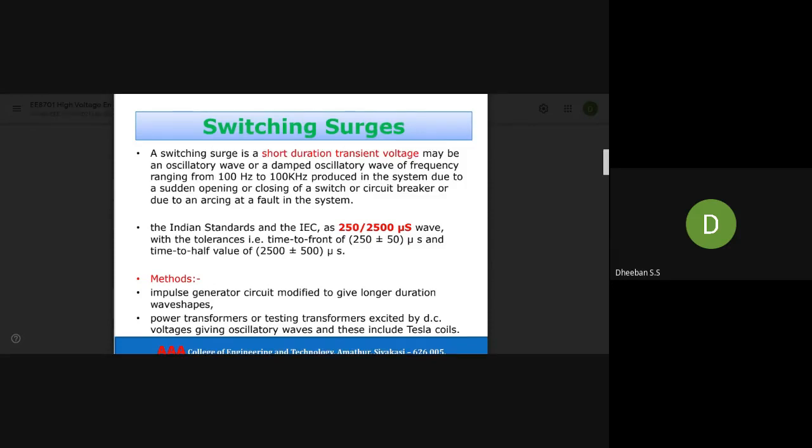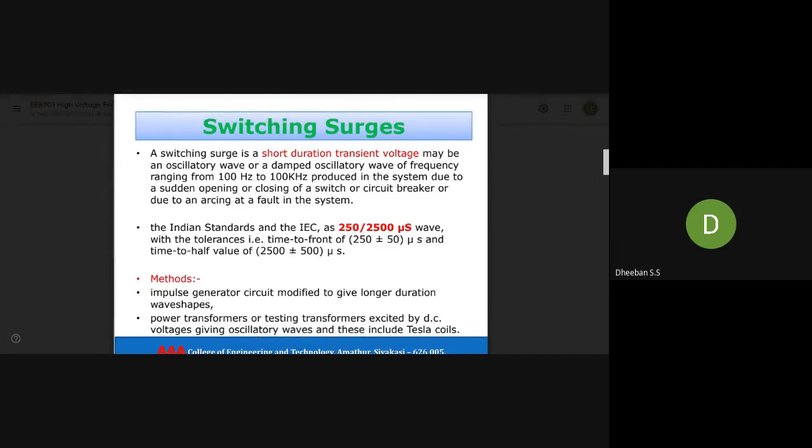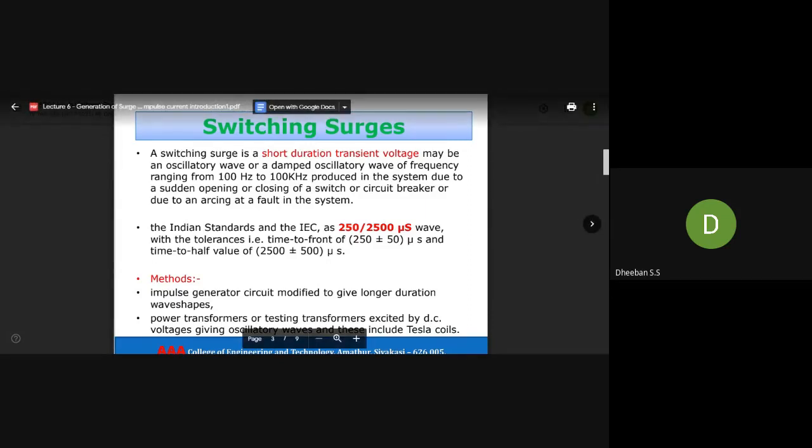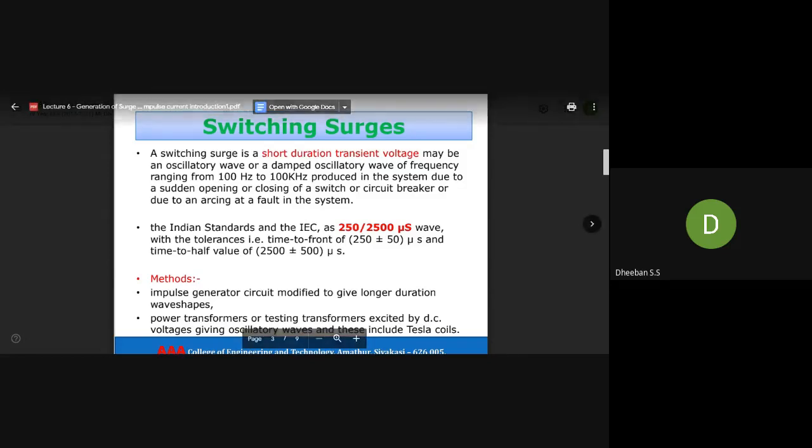With respect to your impulse voltage, they give a fixed time period, and with respect to your switching surge, the time period would vary. Similar to the wave tail time and wave front time, here also it will be time to front and then time to half. I'll be explaining this in the later part.